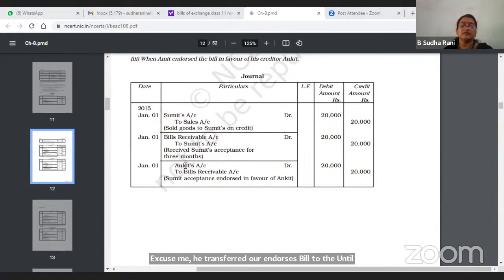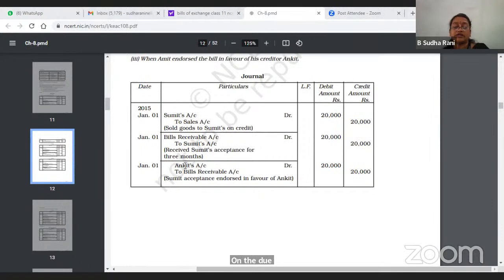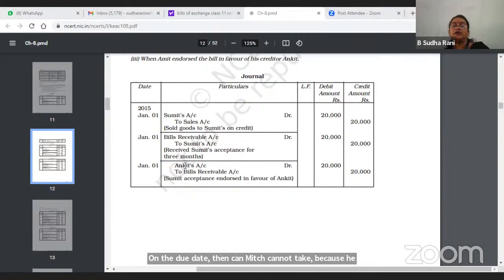Ankit is his creditor. So what happened? On the due date, Sumit came to make the payment. Then Amit cannot take it because he already took from Ankit. So Sumit is directed to make the payment to Ankit.